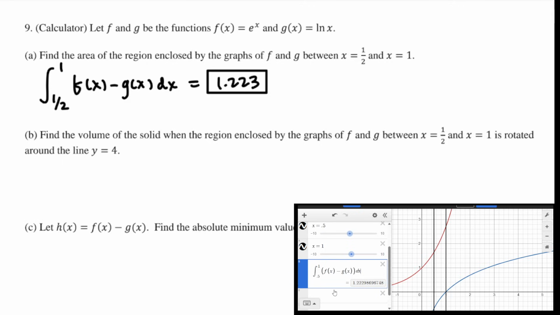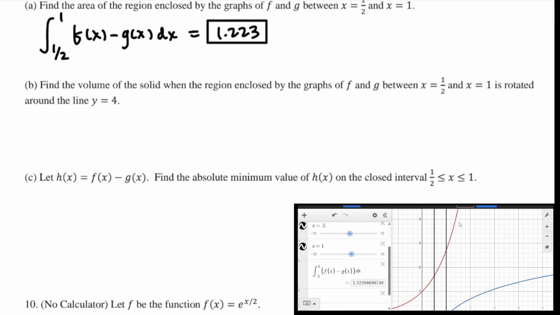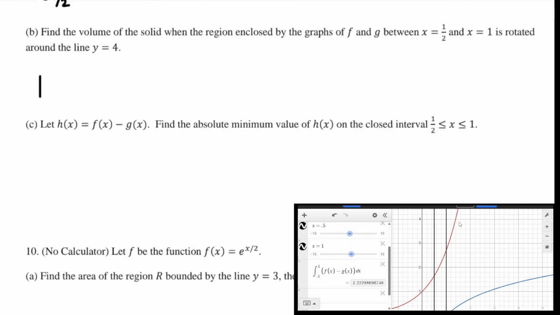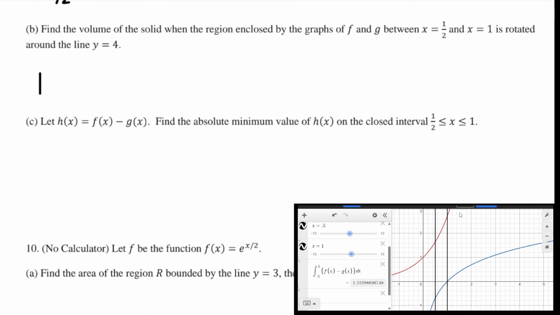Right, now we're going to find the volume of the solid formed when the region enclosed by the graphs of f and g between x equals a half and x equals 1 is rotated around the line y equals 4, which is up here. So okay, this is kind of a weird looking region. So again, oh, wait, that actually needs to probably extend lower. Curves up, and this one is like the opposite.